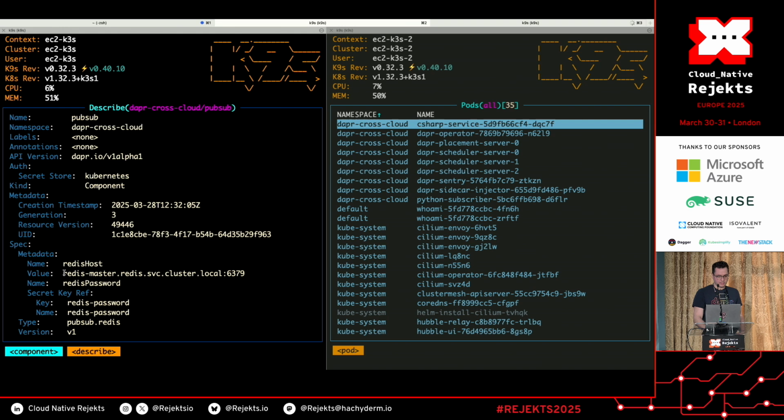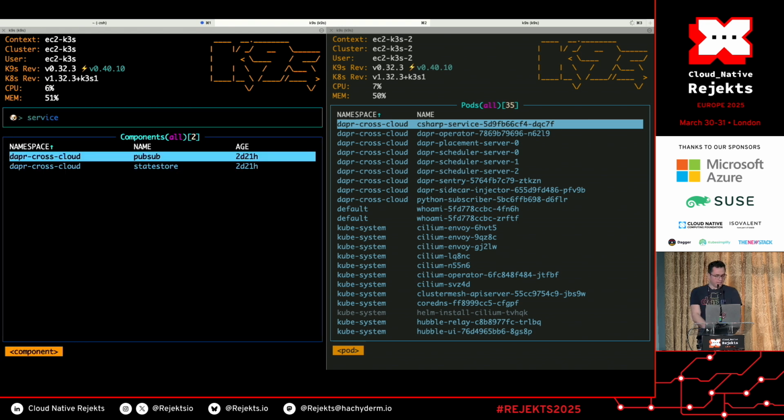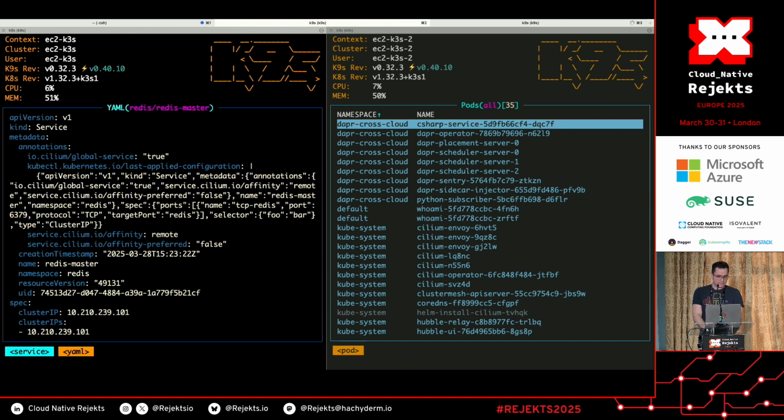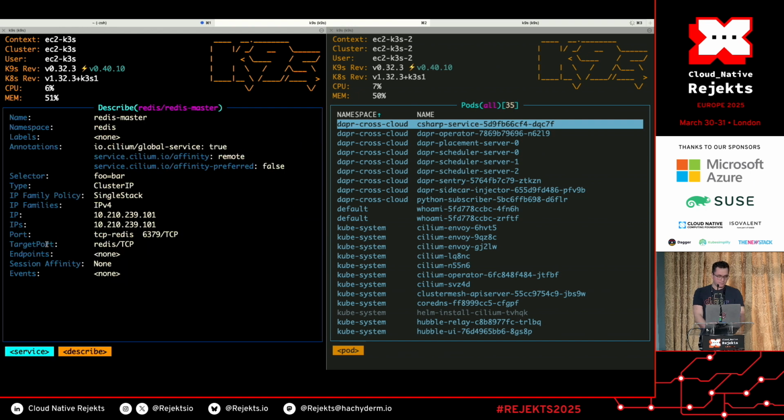In this scenario it's always looking up Redis master, Redis service cluster local, a local endpoint. So this means we need to have a local service. If we look at the services, we see that indeed there is a service, but if we look at the selector, this is bogus. There will be nothing matching on this key pair.